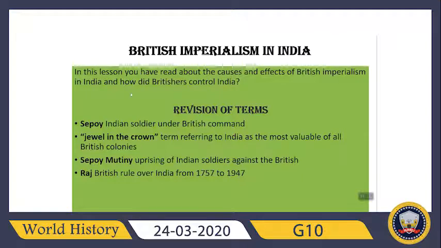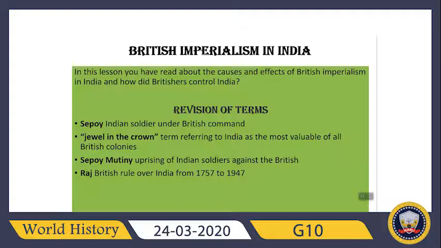Okay, so the main term I picked up is sepoy. Who was a sepoy? It was an Indian soldier who was under British command. It was Indian, but under the command of the British. Then, jewel in the crown. This term was used for India because they considered this land the most valuable of all British colonies.